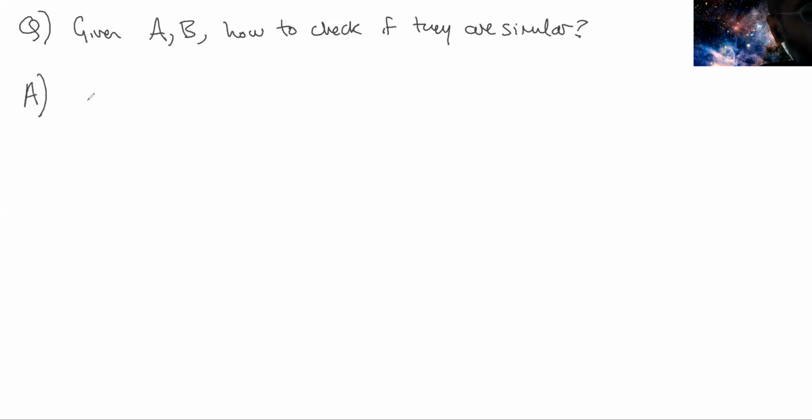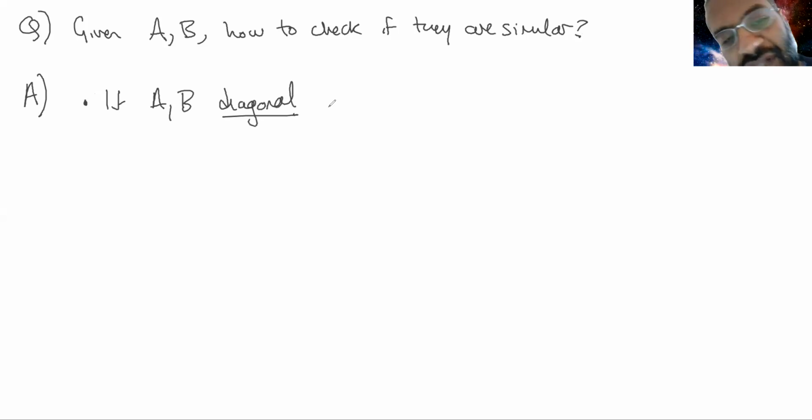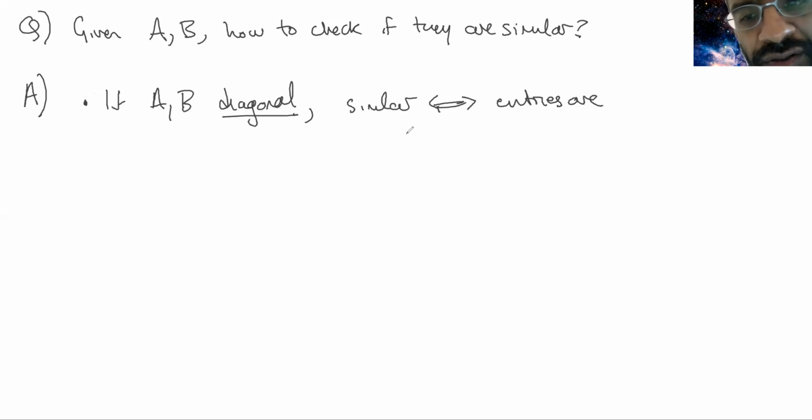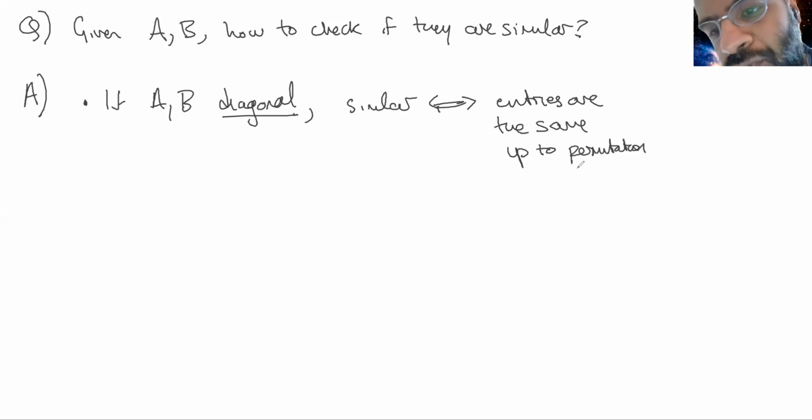So if A and B are literally diagonal matrices, then it's pretty easy. You can check that they're similar if and only if the entries are the same up to permutation, by which I mean up to order.